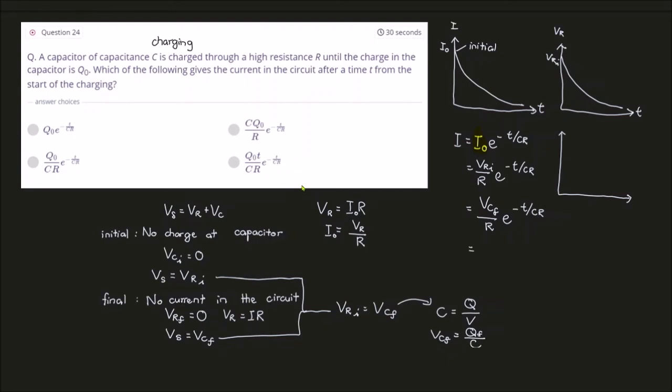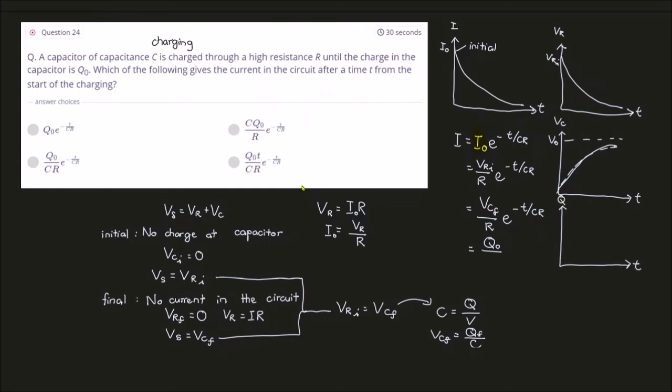In that case, we can change our equation to be Q final, but you can call it Q naught, because for a charging process, the voltage across the capacitor increases until it reaches this point, which is V naught, and the charge moves in a similar fashion.